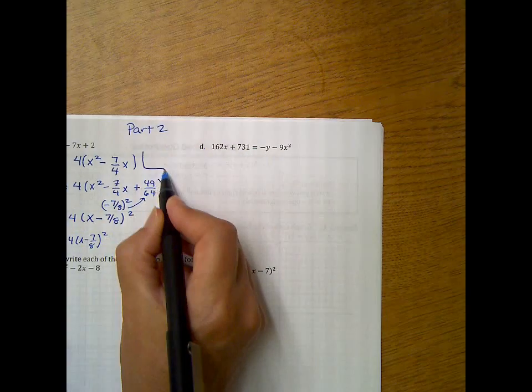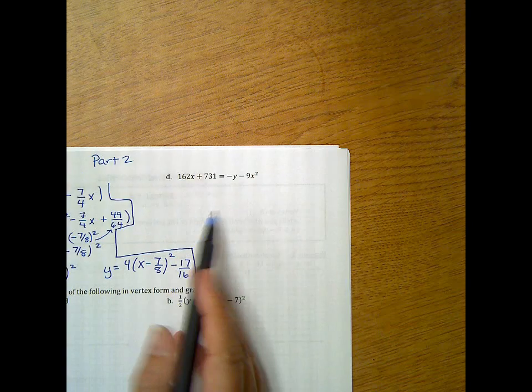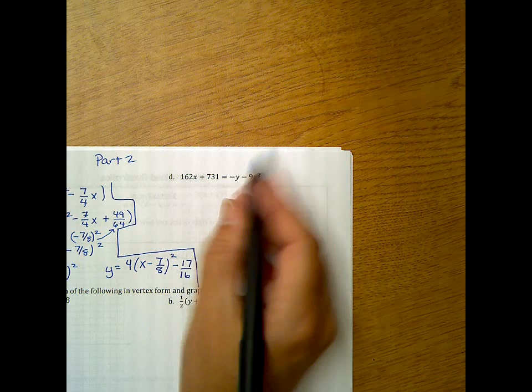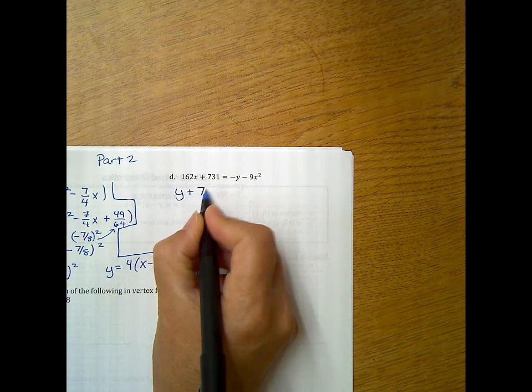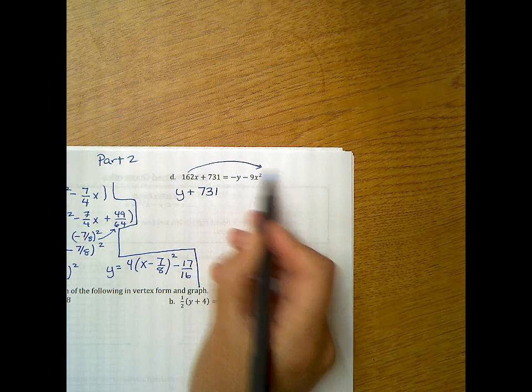Okay, on D here, be careful with ones like D because they're not really in the form that we're used to. So first we need to get that y alone with the constant. So maybe I'll add y over here, and I'll have y and my 731 together. And then I'm going to bring that 162 over here.